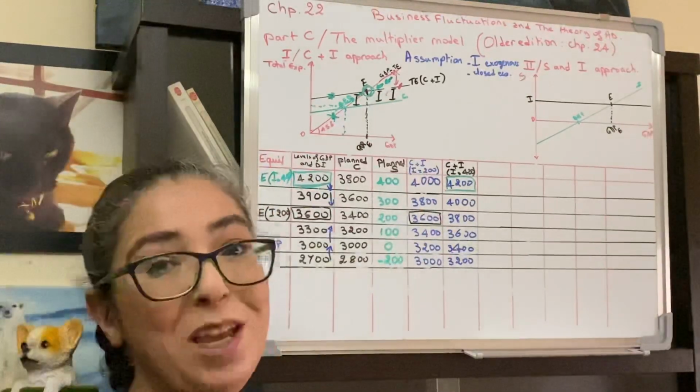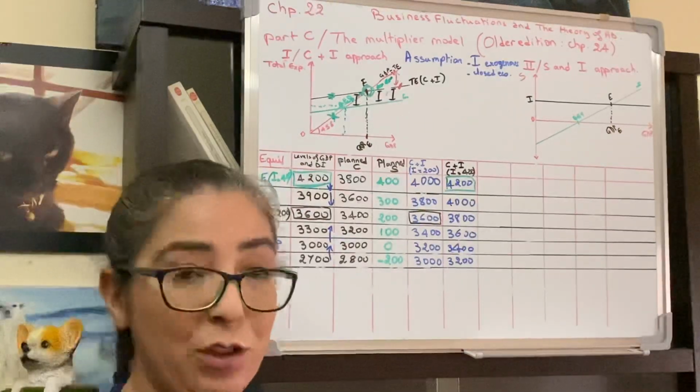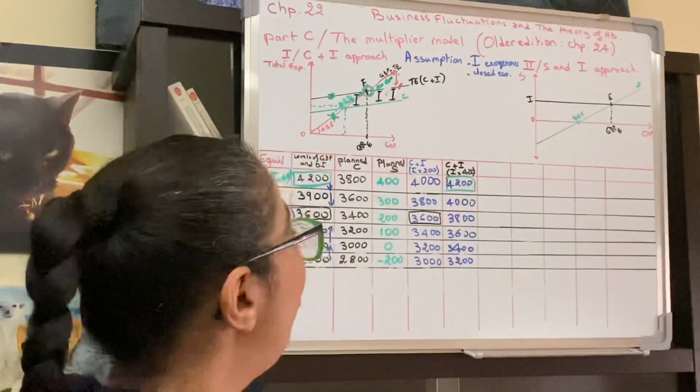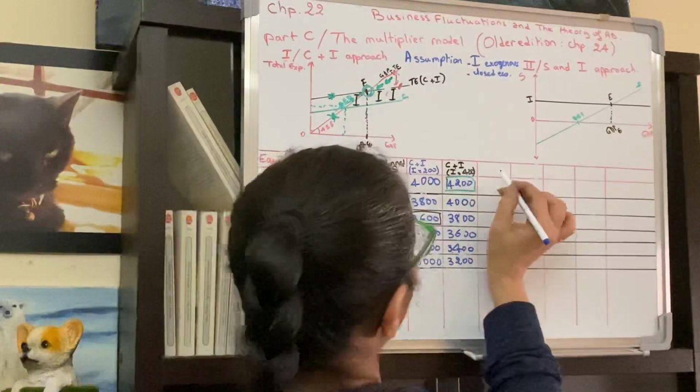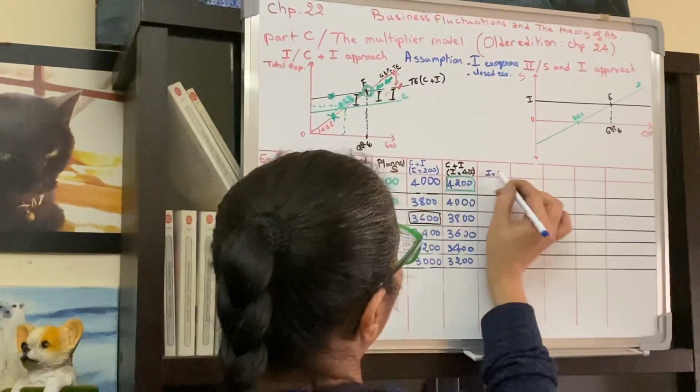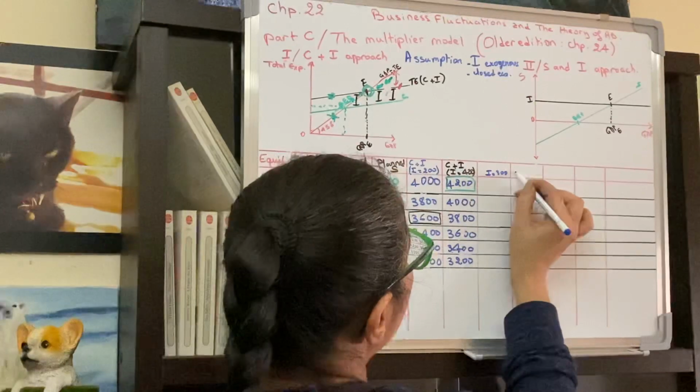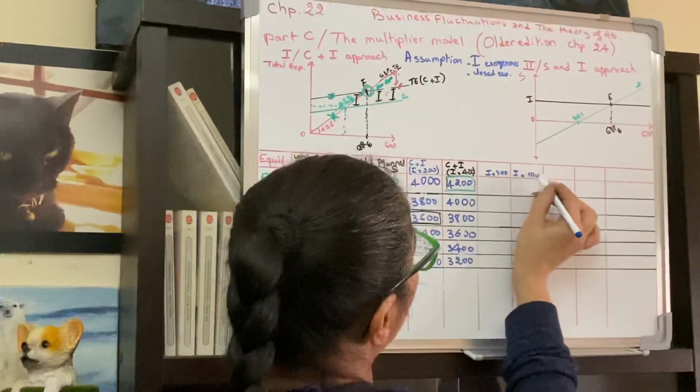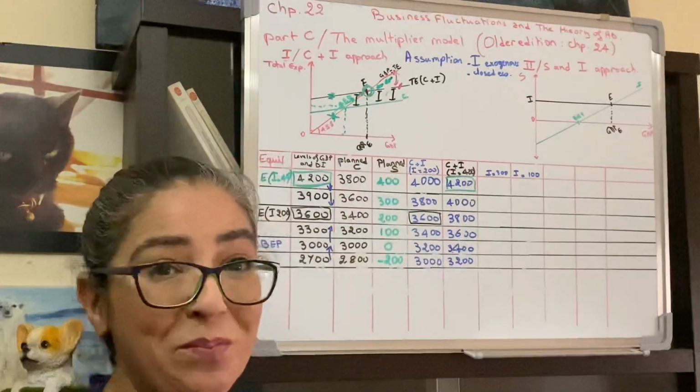Now you're going to do me a favor. I'd like you to do it before I correct, which is what if I have investment equal to 300, then investment equal to 100. Could you do that for me?